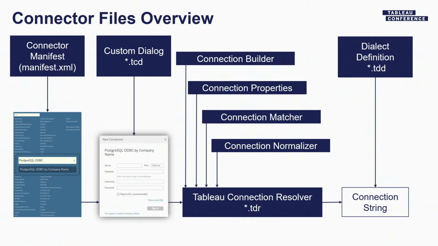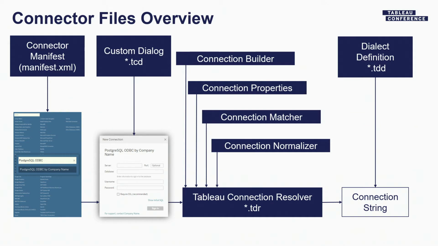It would be hard to build a Tableau connector from scratch. What you are fortunate is you can build your connector based on over 10 years of the data connectors we built within Tableau. So your connector will be an extension of existing Tableau connectors. You just specify what's the difference. You can customize your connector.